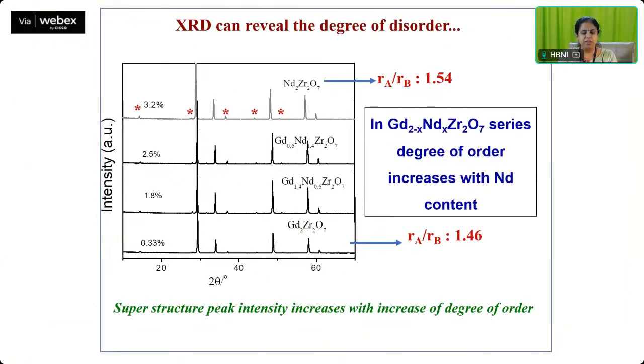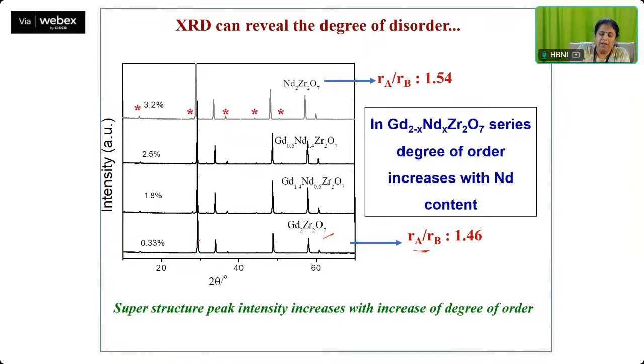Now I just brought out one example from studies in our group to show you what the superstructure peaks are. This is Gd2Zr2O7. It forms a pyrochlore structure, but it has very weak ordering. If you remember, I told you that it depends on RA by RB, but just forget that. Just remember that it has weak ordering. And as I substitute neodymium in it, the RA by RB is increasing, which means that it should now become a better ordered pyrochlore.